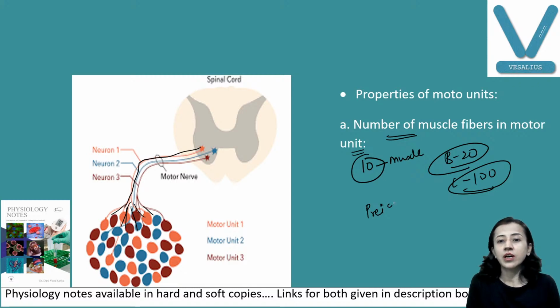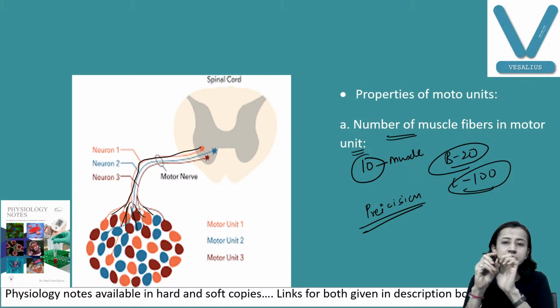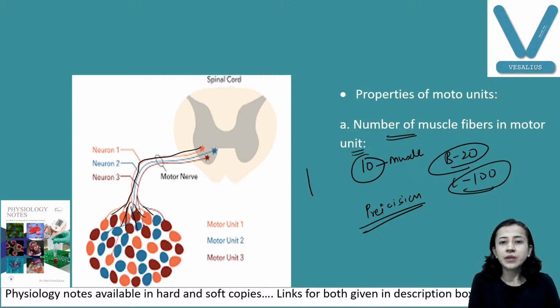precision of the movement. What does it mean? Suppose I require precise movement, suppose I want to write, so the muscles of my hand have short or small motor units, meaning one nerve supplies only 5 muscle fibers.